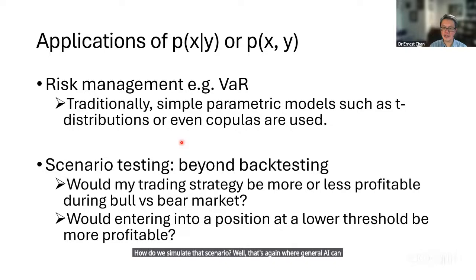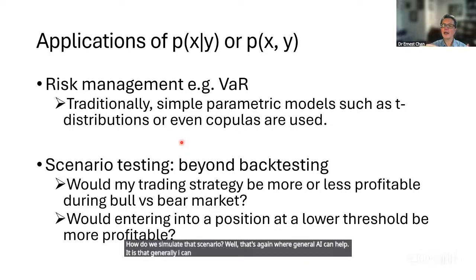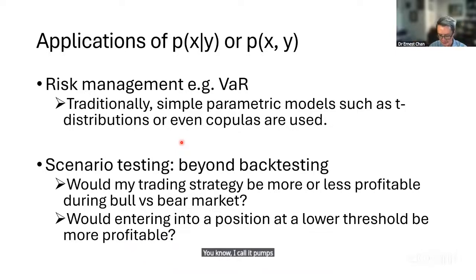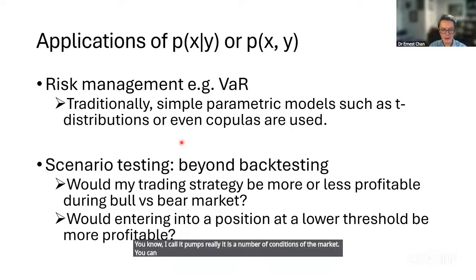GenAI can generate a number of possible scenarios based on a very complicated set of prompts. I call them prompts, but really they are a number of conditions of the market. You can enter any indicator you want, and you can generate a time series conditioned on this market circumstance.